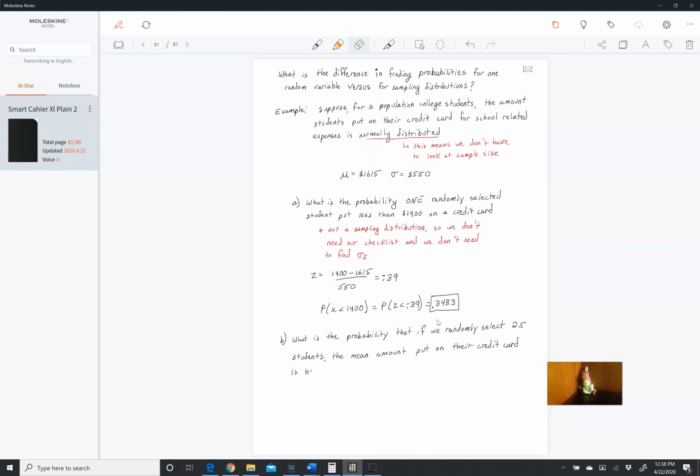So notice we're using the same numbers. The question is framed differently. Okay, so this is a sample, okay?